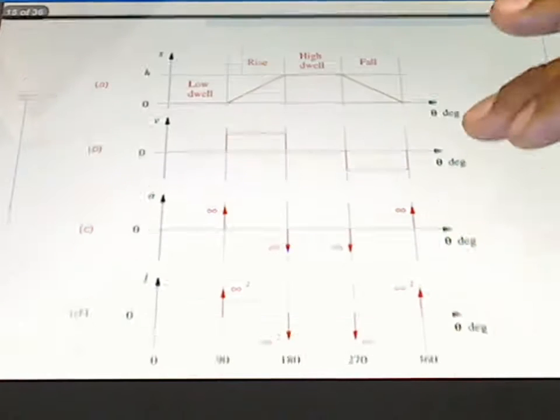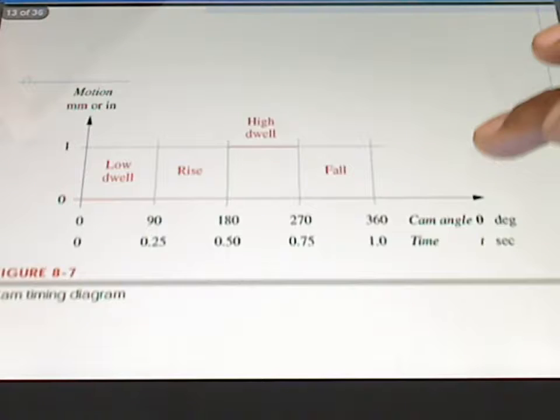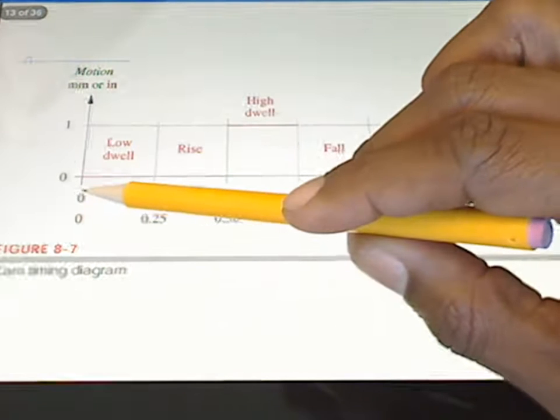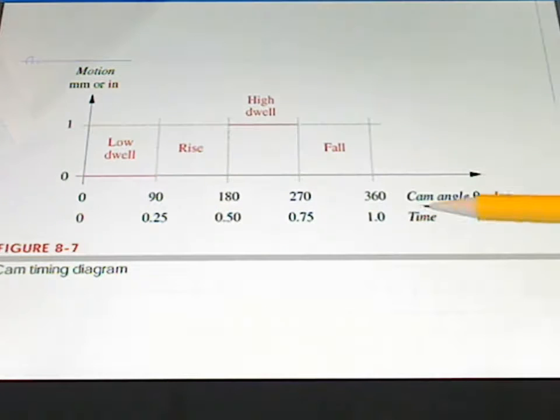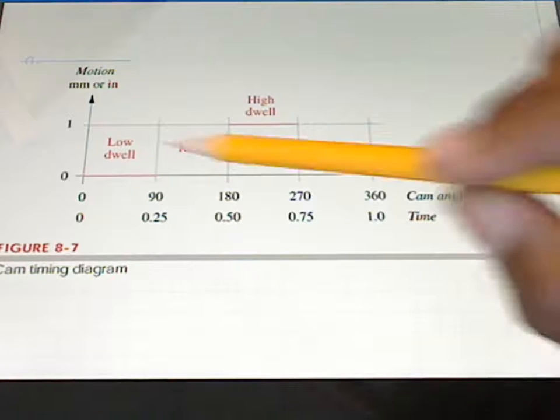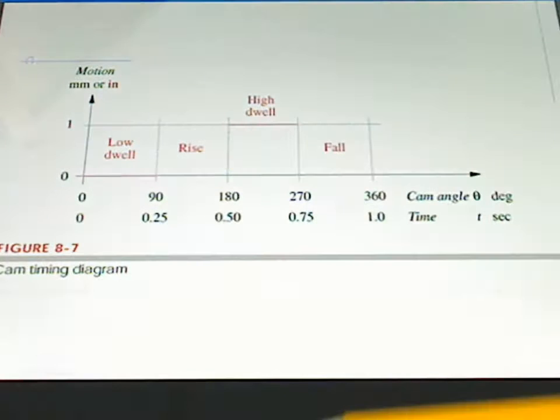If we go back a few slides to our position curve, we'll see that theta runs along this direction for our CAM angle, and beta relates to the particular part of the curve that we're currently in.